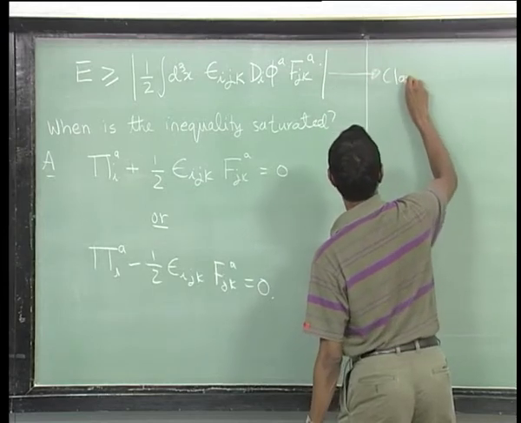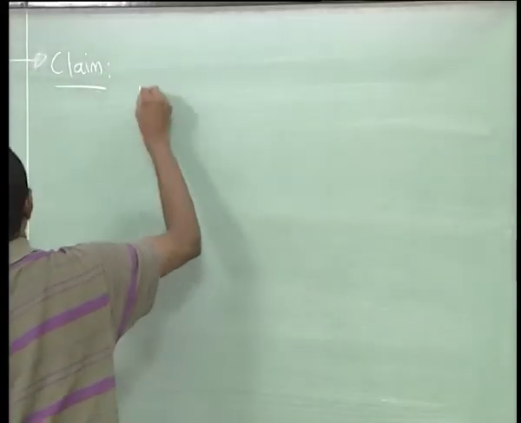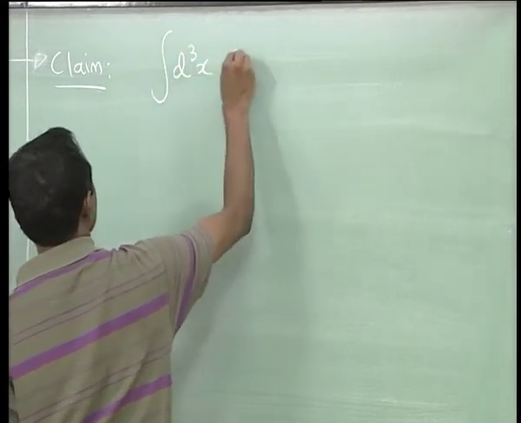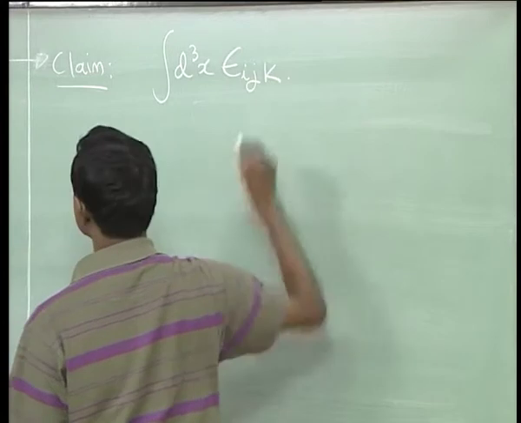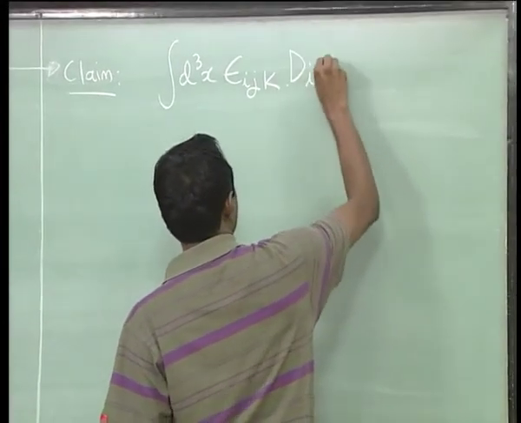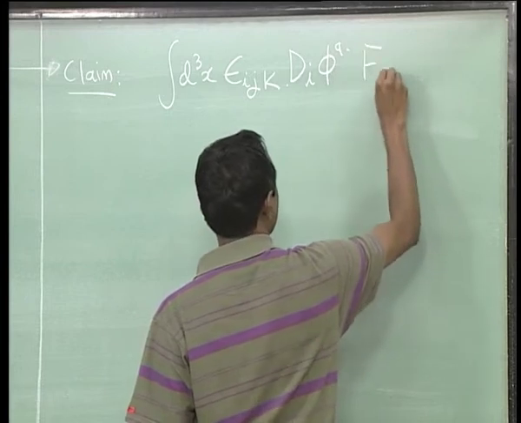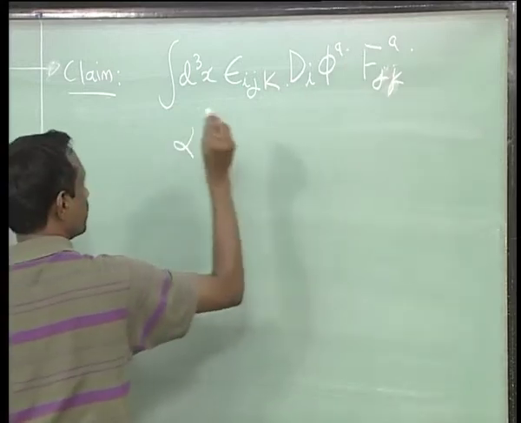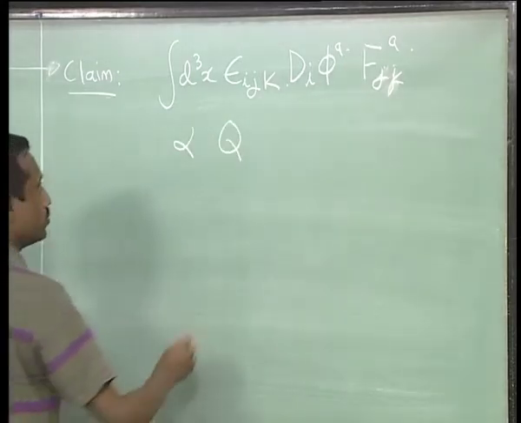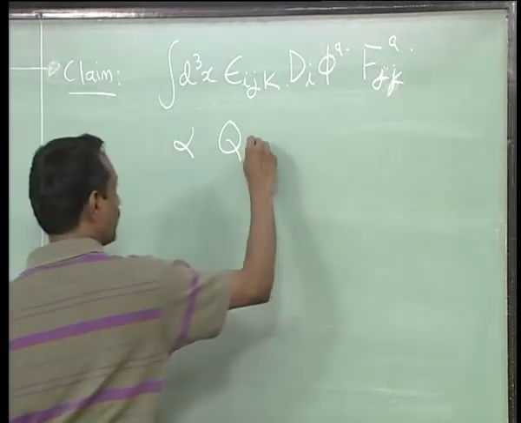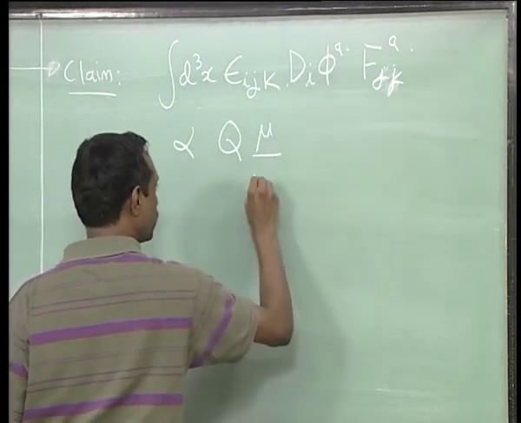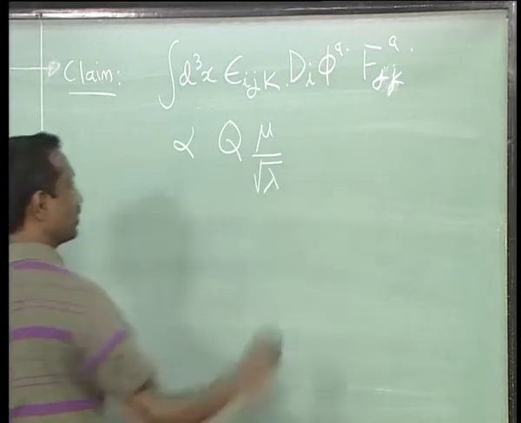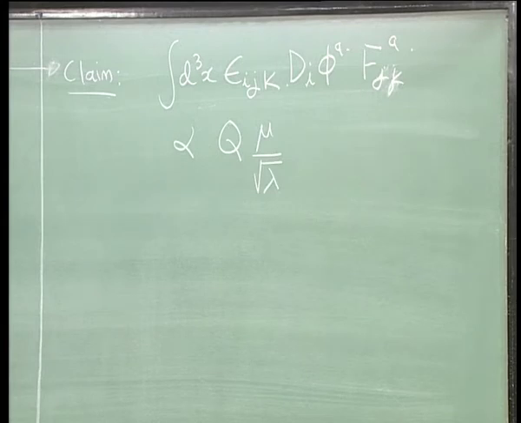Okay, so the claim, let me write it as a claim: the integral d cubed x epsilon I j k d I of phi a f j k of A is proportional to the topological charge q, and I need something which will give the dimensions of this thing. So it will be mu by root lambda.